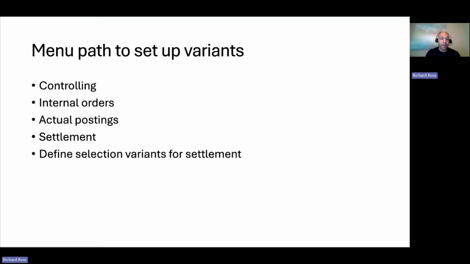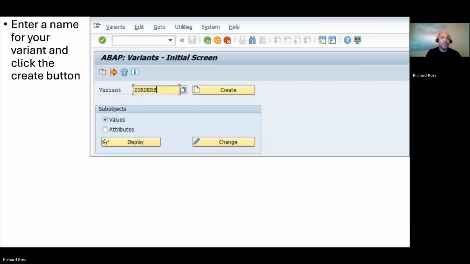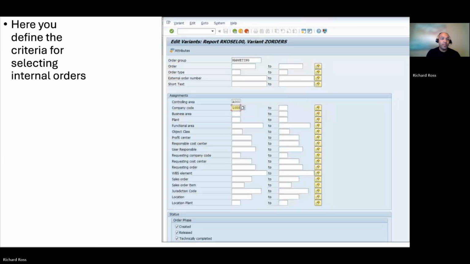Menu path to set up variants: Controlling, internal orders, actual postings, settlement, define selection variants for settlement. Enter a name for your variant, then click the Create button. Here, you define the criteria for selecting internal orders.